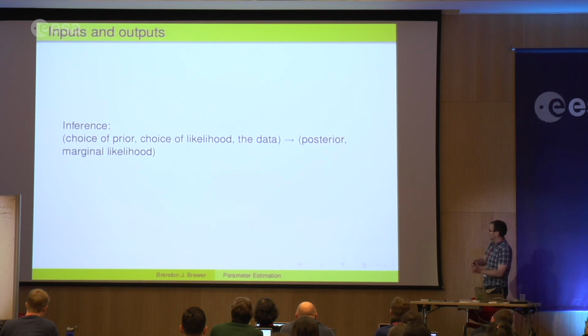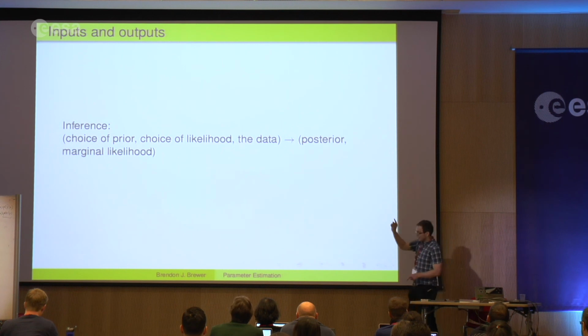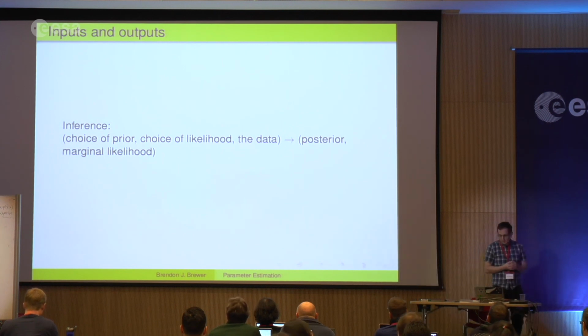So you have a probability distribution for the parameters, that's the prior, and a probability distribution for the data given the parameters, that's the likelihood or the sampling distribution. And then you have to give it the actual data as well. Of course, otherwise this wouldn't be data analysis. Those are the inputs.